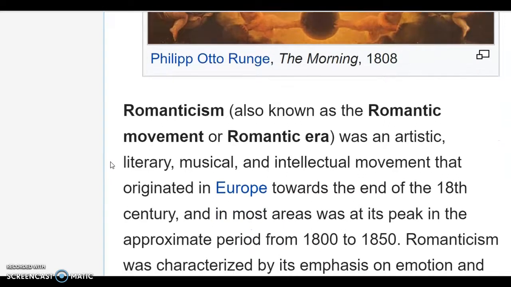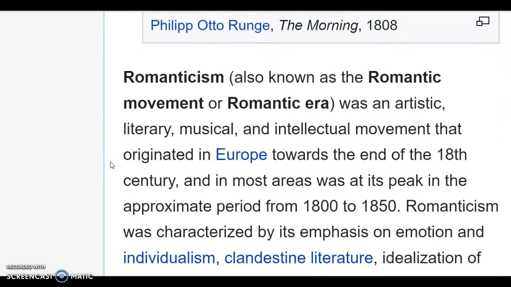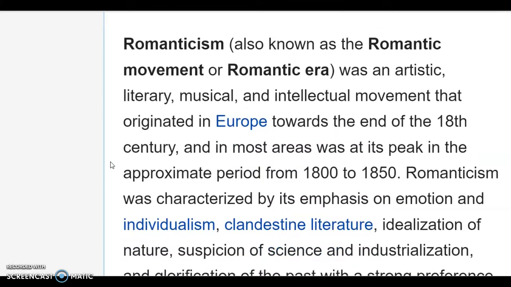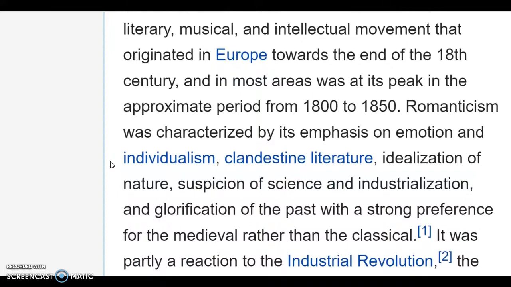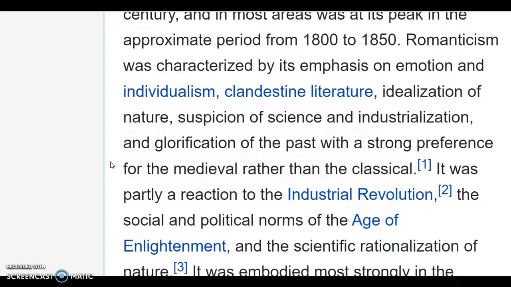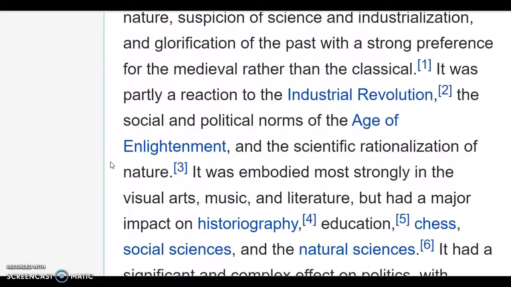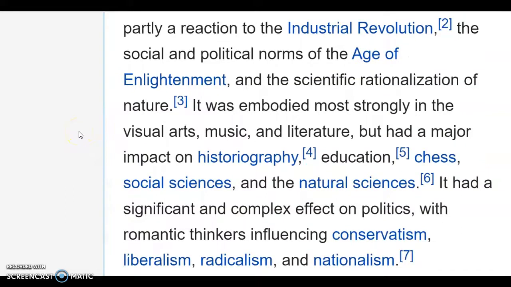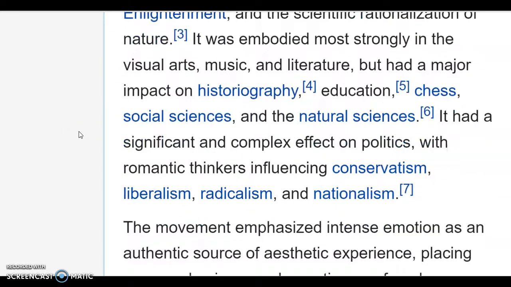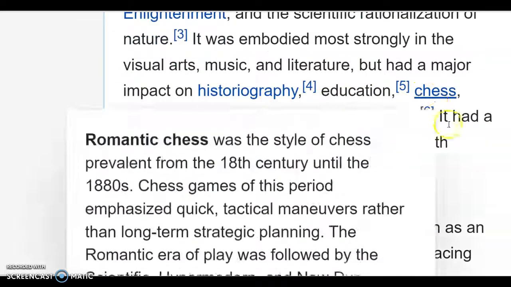The Romantic movement towards the end of the 18th century and into the 19th century. This is when it was all done. Industrial Revolution, Age of Enlightenment, all coded there. Chess, of course, I love chess.